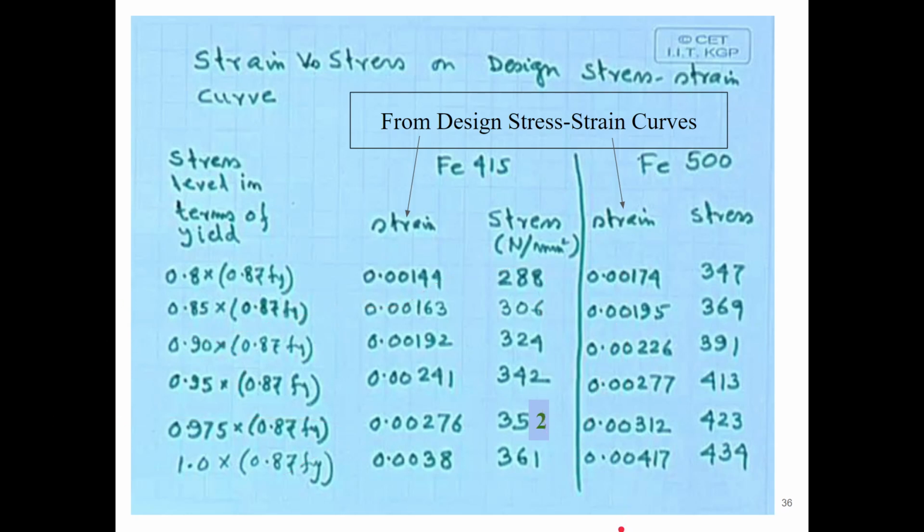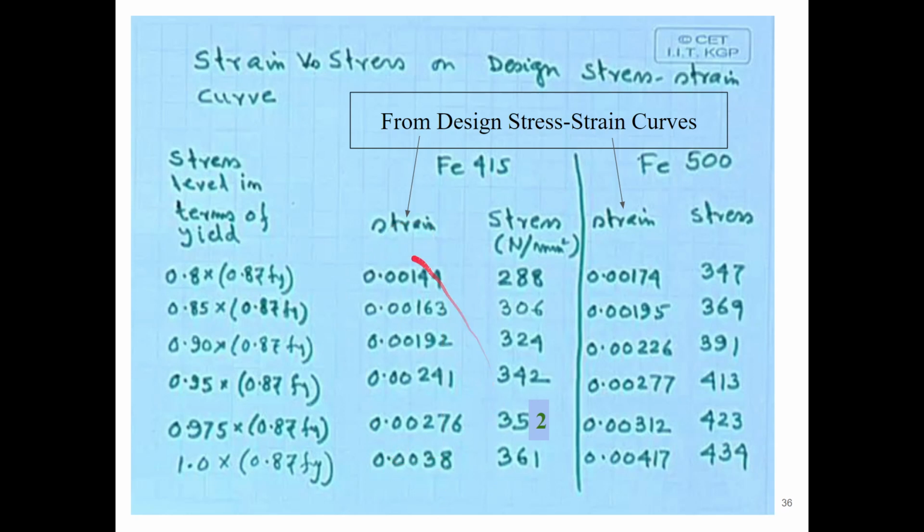If you calculate, say for example, 0.8 into 0.87 into 415, you will get a value of 288. Similarly, if you calculate 0.95 into 0.87 into 415, you will get a value of 342. Like this the stress value is found out, and for this corresponding stress, from the design stress strain curves we find the corresponding strain. Definitely this last one will be 0.0038, that is from the ultimate value only.